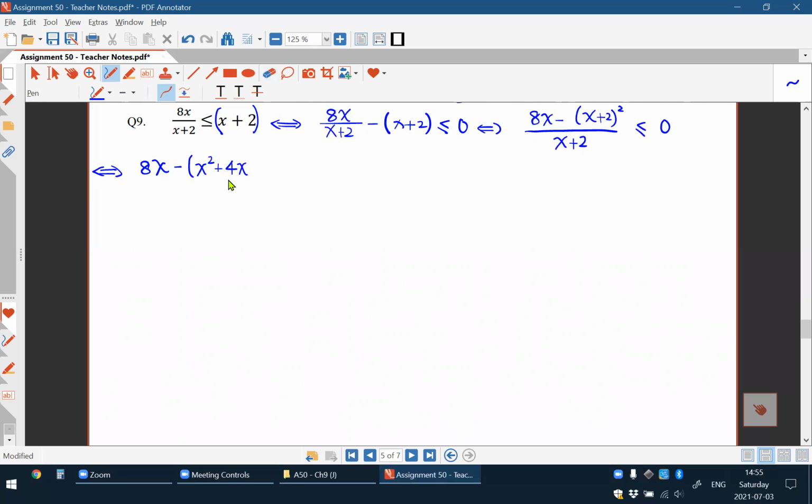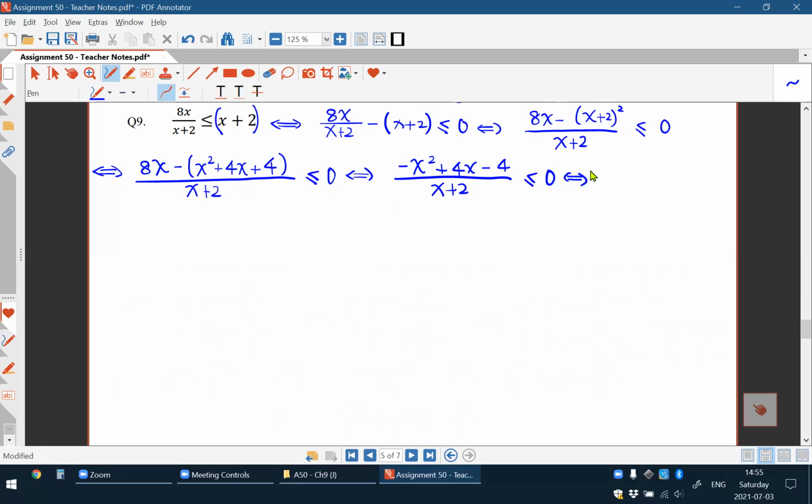Remember, there is a formula to expand this expression here, right? Over x plus 2 is less than or equal to 0. Okay, so after simplification, this is minus x squared plus 4x minus 4 over x plus 2 less than or equal to 0, right?